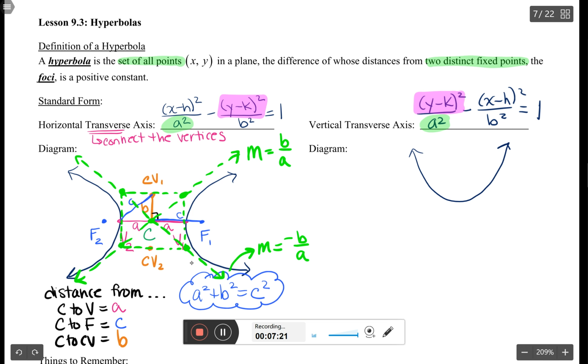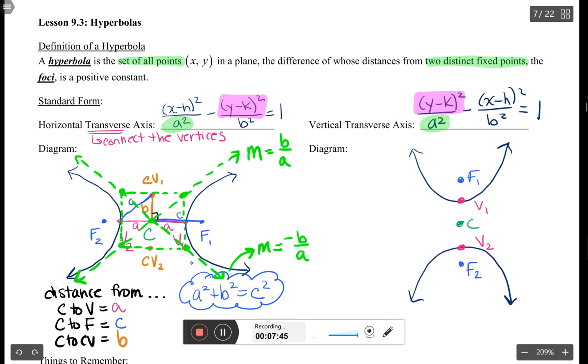So to find the diagram for the vertical transverse axis, our hyperbola simply has branches that are opening up and opening down. Everything is going to remain the same, so halfway between we have the center. Each of the branches has a vertex. We have the foci, F1, F2. We can make our box, my covertices.